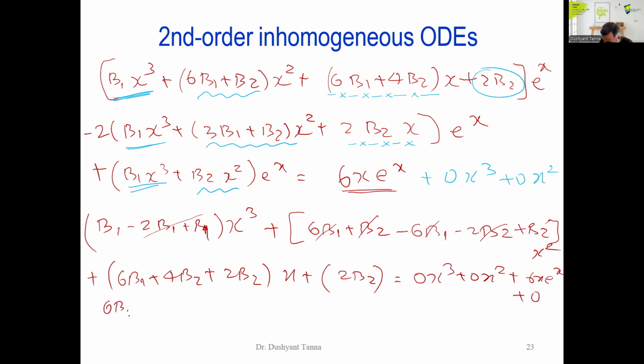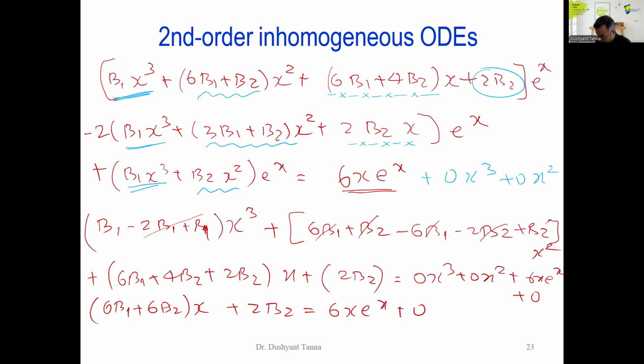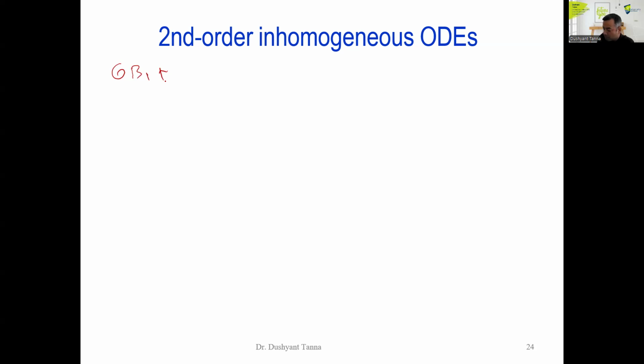This is 6b1 plus 6b2 x. 2b2 is equal to 6x e raised to x plus 0. Now compare them. So 6b1 plus 6b2 is 6.